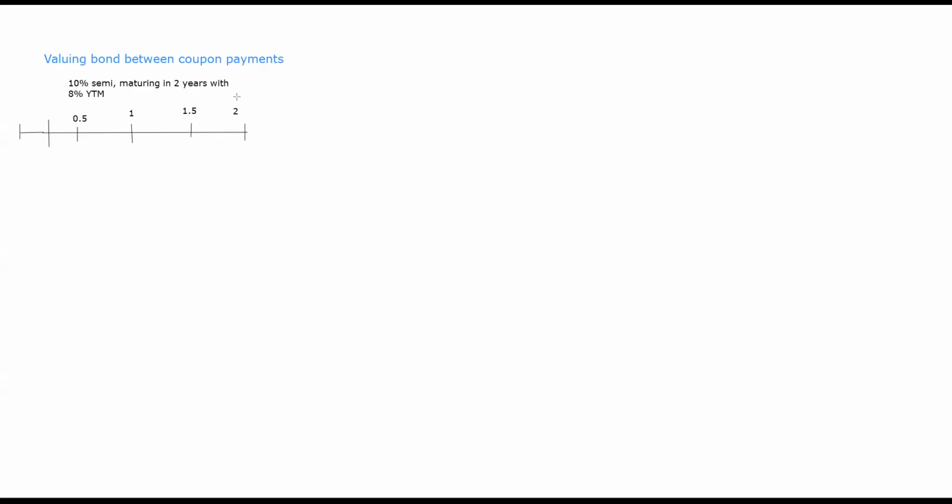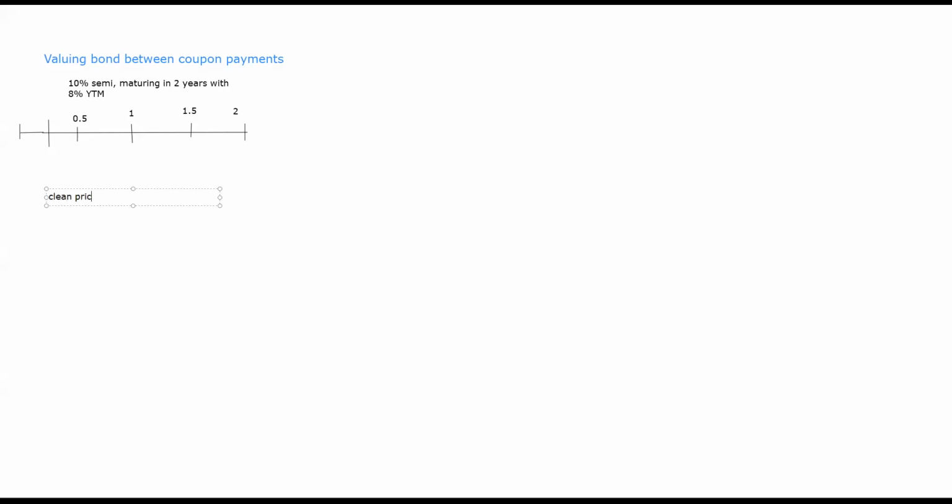The price here is actually referred to as the full price. Sorry, it is referred to as the full price, or the clean price.